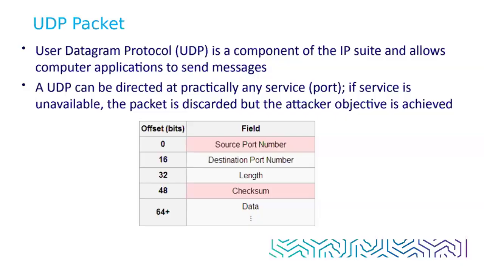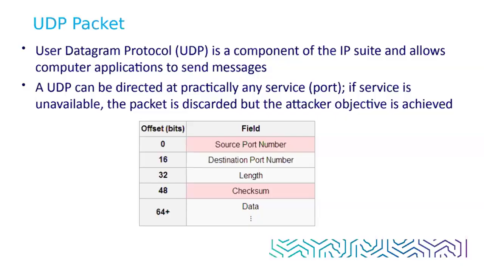So the User Datagram Protocol is a connectionless transport layer protocol that enables applications to send messages quickly without establishing a connection. During a UDP flood attack, the attackers transmit a massive number of UDP packets to open or random ports.